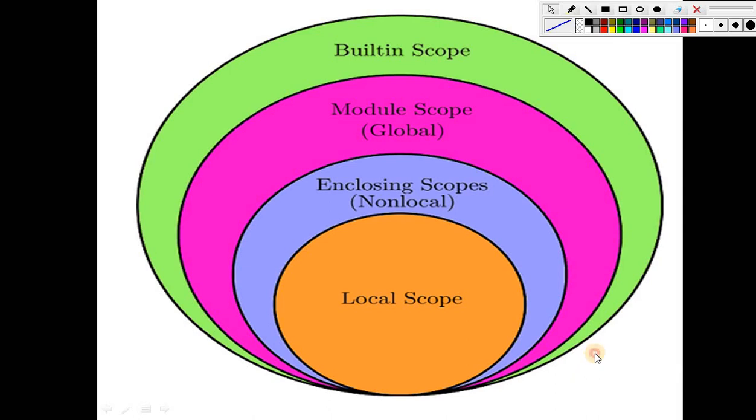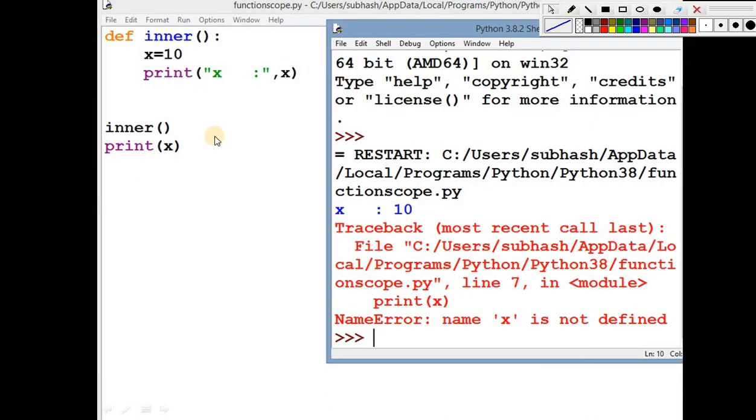Now we'll take a simple example to understand the local scope. See, you have a statement written as inner function. As we have seen earlier, this is the main program.